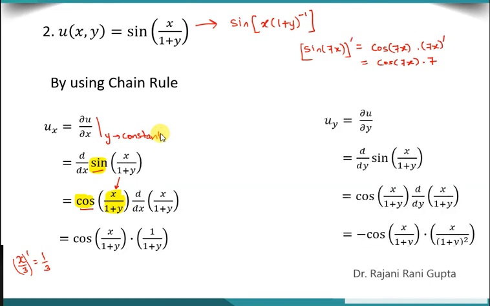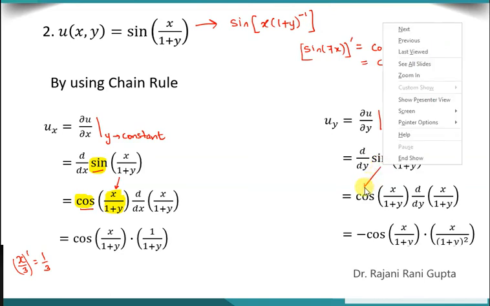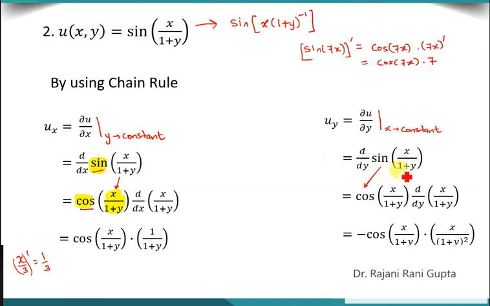Similarly, this is how we can find the derivative of u with respect to y. Here we are going to treat x as a constant. Again sine involves both x and y, so we differentiate sine to cos, the angle remains the same, times the derivative of the angle, x over 1 plus y.